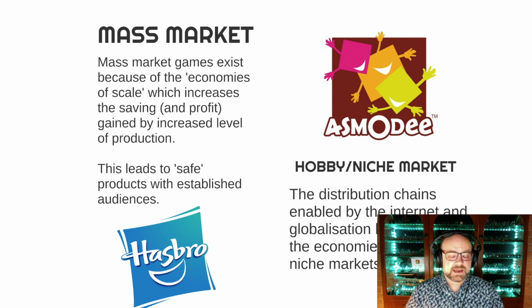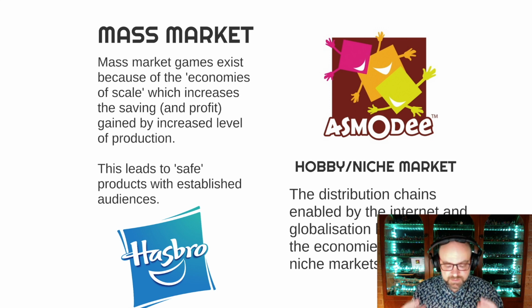Another company that has a very extensive global distribution system, which means it's been very successful in the hobby niche market, is Asmodee. This is a French company that I think is currently owned by a Japanese consortium. It's complicated. It's a moving target, so by the time this goes up, that might be wrong.